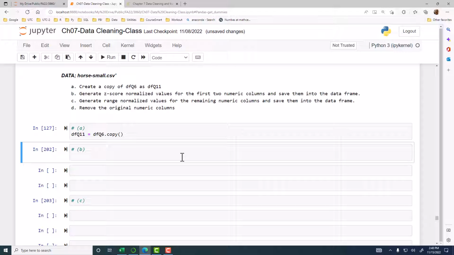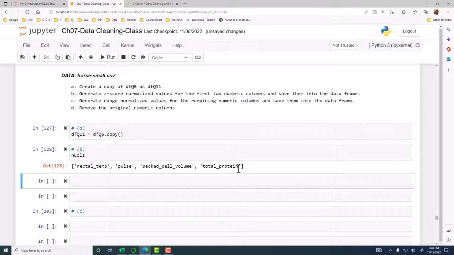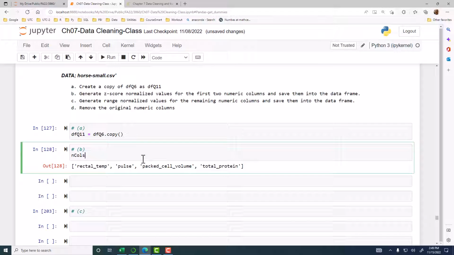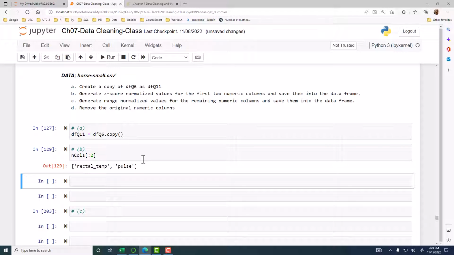So we have ncols like that. Now we want only the first 2, right? So we can say, starting from the beginning up to index 2, so that will be 0 and 1, right? We can use this indexing to get only the first 2 columns. So this is what we are looking at.